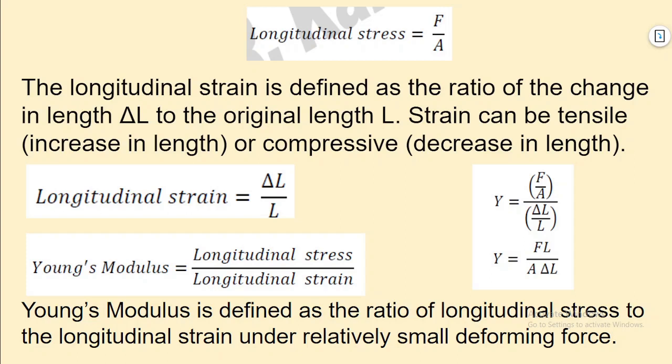If F is the force applied to the material, and A is the area of cross section, then the longitudinal stress is defined as the force per unit area, that is equal to F by A.